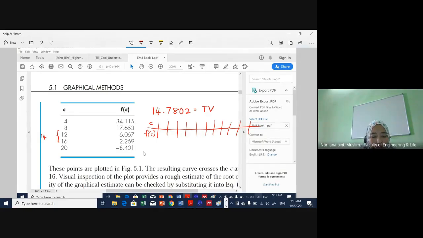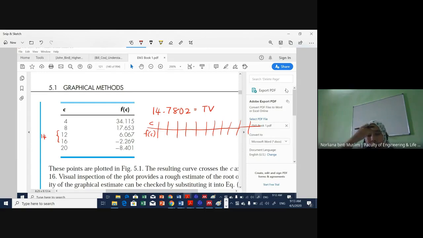Usually the true values for nonlinear functions are given. But if the nonlinear function is very simple, usually the true value will not be given. Then you have to know how to find it out: let f(x) equal to 0, then solve for x.